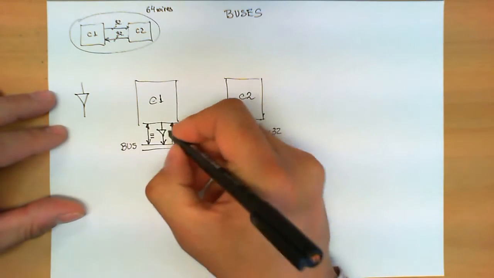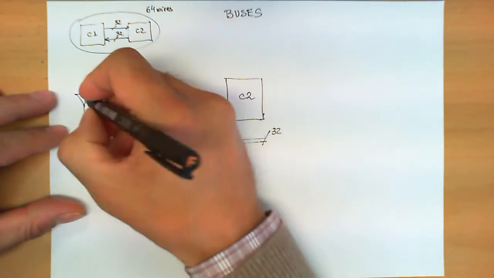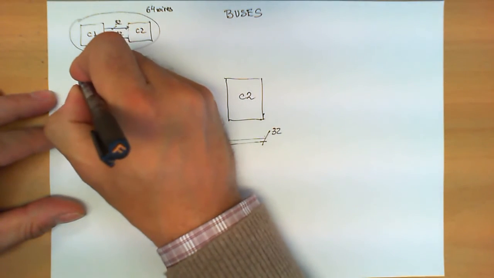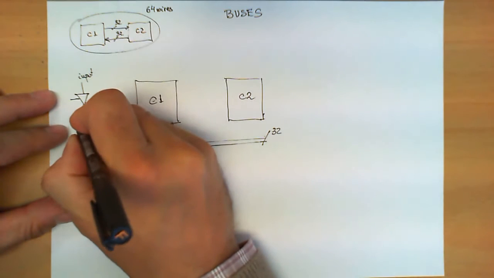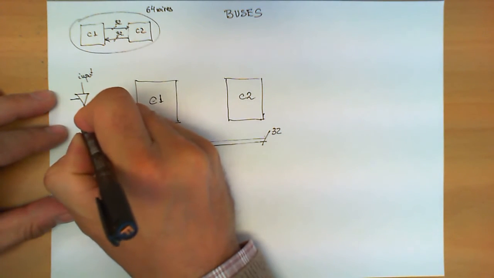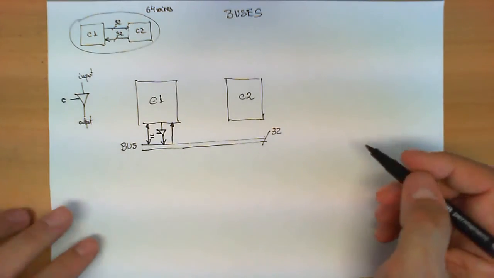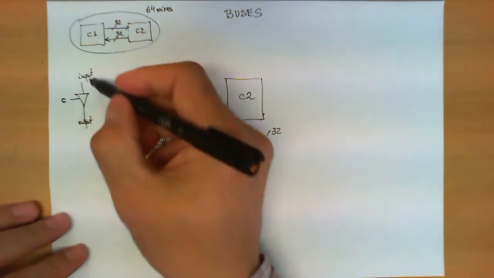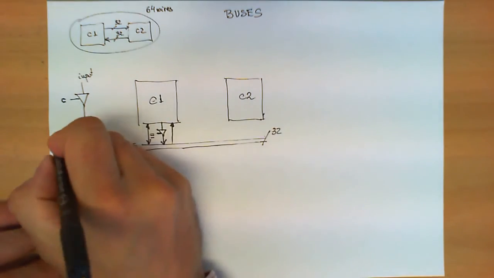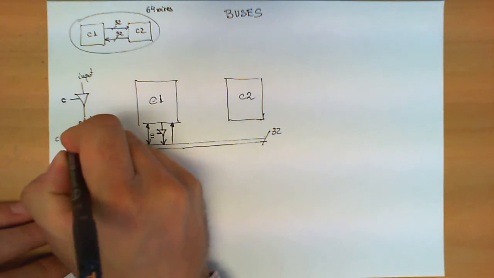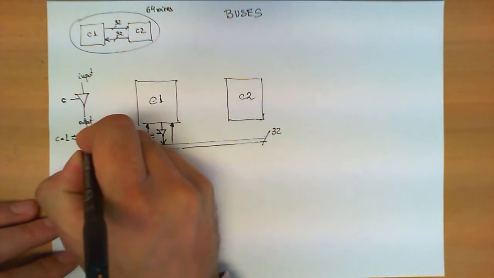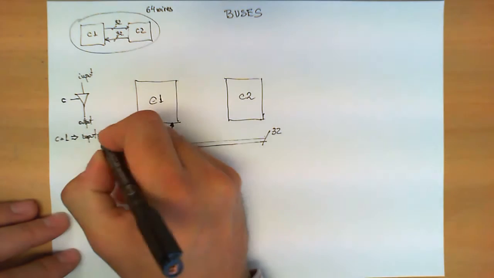Now let's see in more detail what we mean by this circuit over here. This circuit has an input, an output, and some signal called C. The behavior of this circuit is trivial. If C is equal to 1, then input is equal to output.